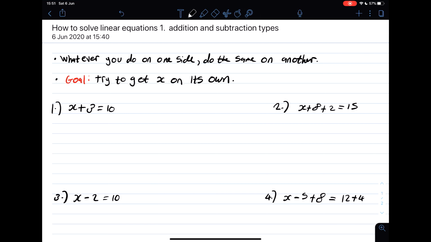So whatever you do on one side, you have to do the same on the other. Essentially what that means is, when you have an equal sign, let's say you have 1 equals 1. I know it's very basic, but let's say on the left-hand side you want to add 3, so you want to plus 3.